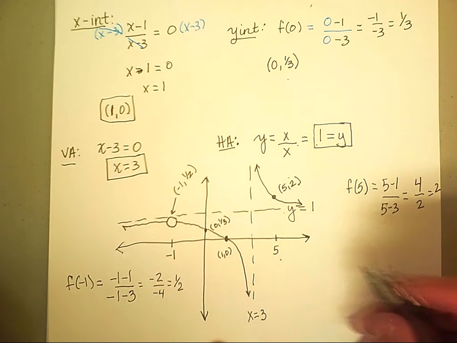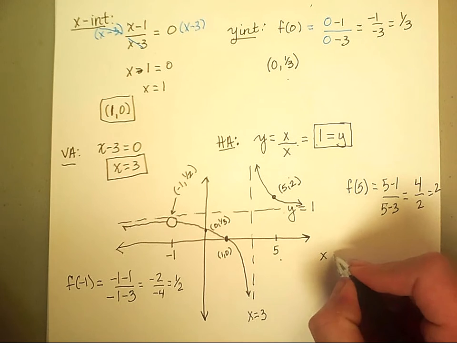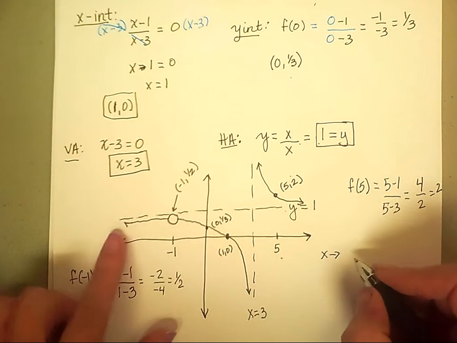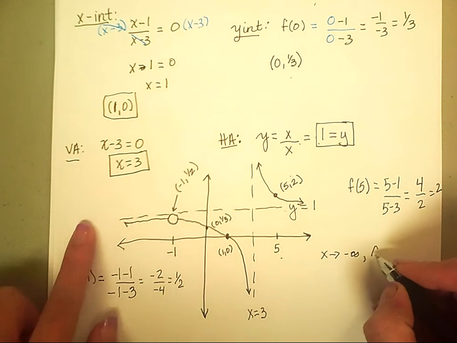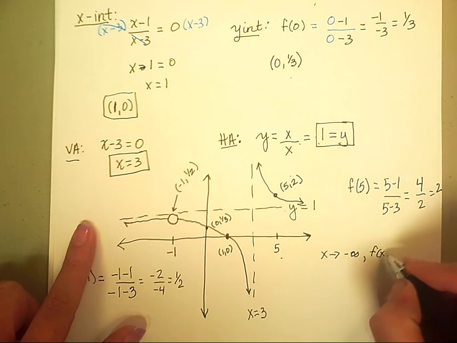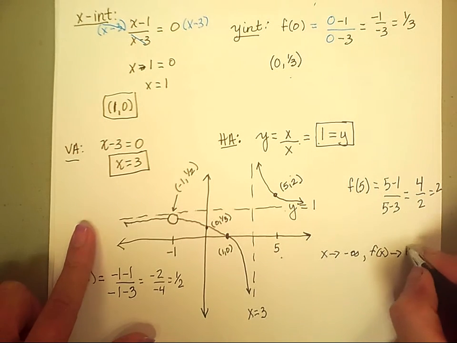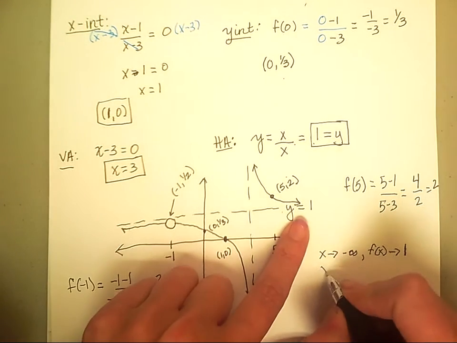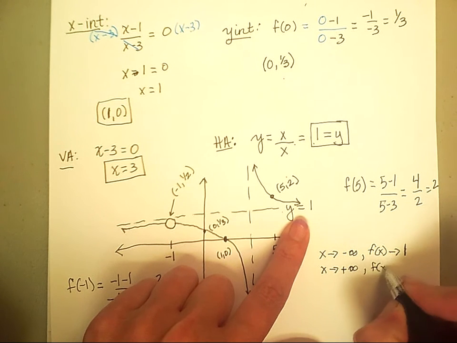All right, now let's ask ourselves, what's happening as x is going to, let's look at our negative infinity. Okay. As x is going to negative infinity, well, the function values then are approaching this y equals 1. Notice as x goes to positive infinity, the same thing is happening.